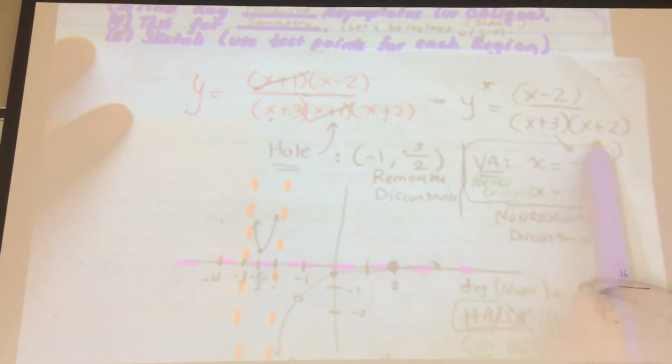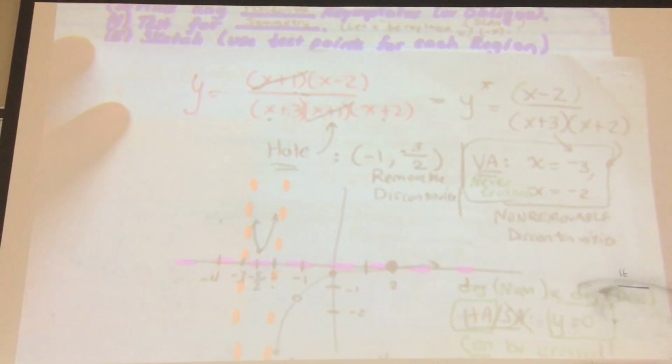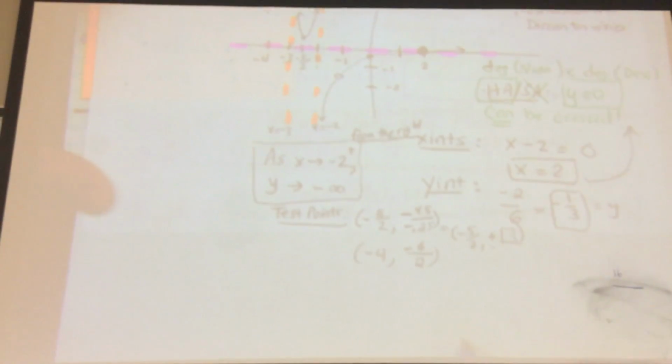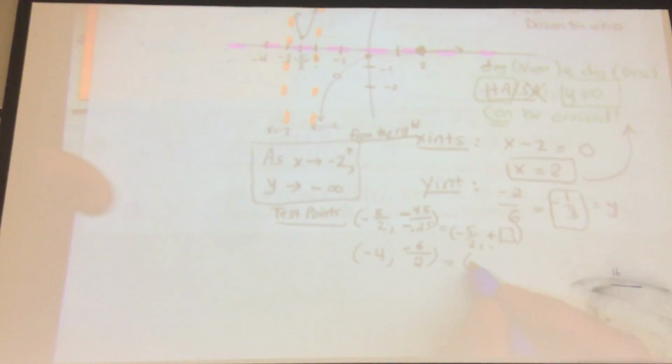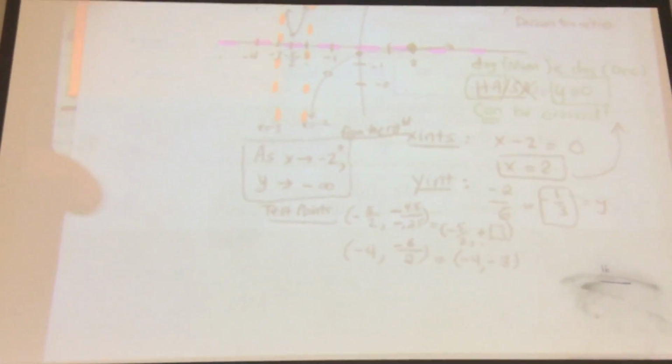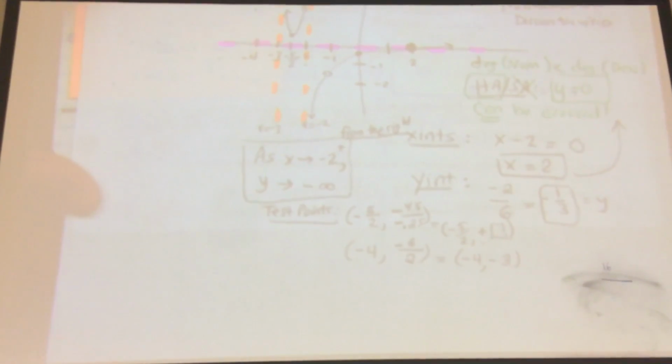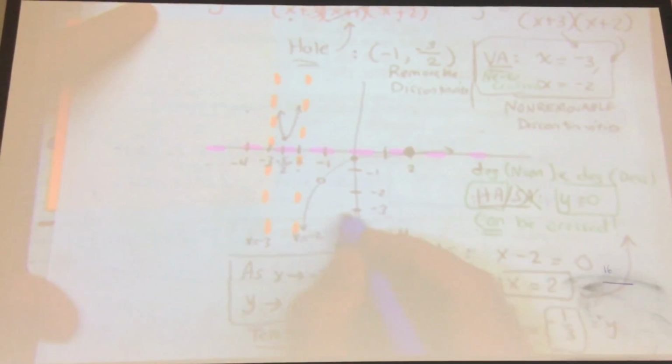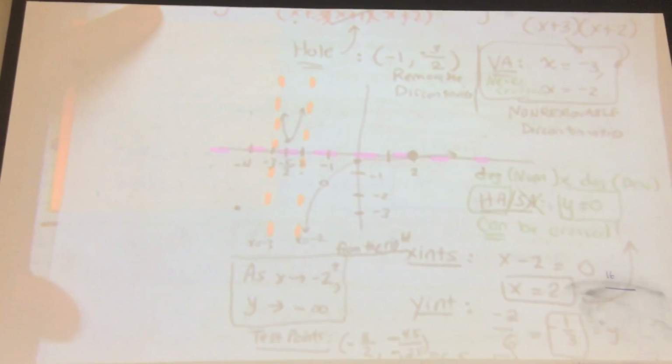So I had -1 times -2. Positive 2? Yeah. So what I got was -6 divided by positive 2, which is a negative number. It's -3, isn't it? So when x is -4, in my reduced version, I got -3. So at -4, I'm way down at -3, down here somewhere.